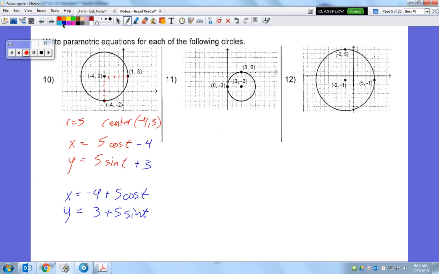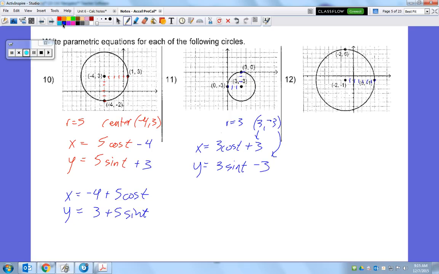So real quick, I'll do these. 1, 2, 3. 1, 2, 3. So the radius is 3. The center is 3, negative 3. So ultimately, x is equal to 3 cosine of t plus 3. And y is equal to 3 sine of t minus 3, because that y and the x correspond with the center. 1, 2, 3, 4, 5, 6, 7.